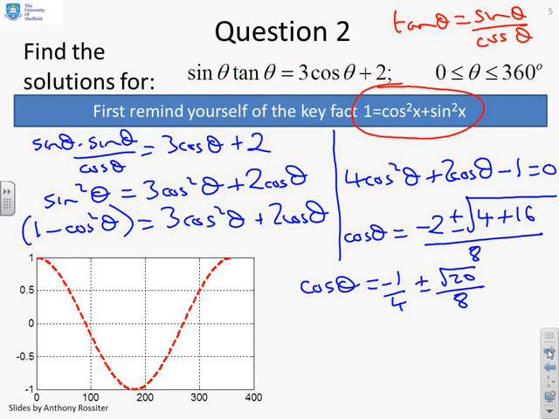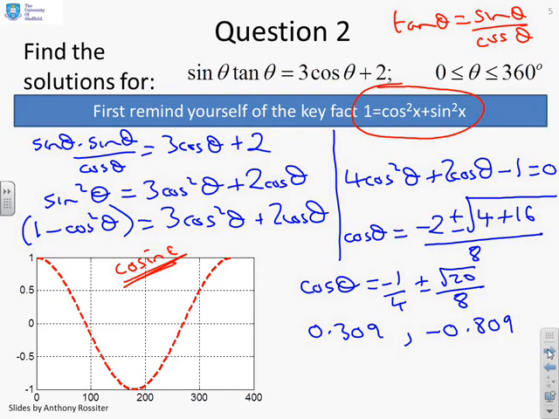Now at this point you're probably going to need to use your calculator, but you'll see that there's two solutions. So my two solutions are going to be 0.309 and minus 0.809. What I've done next is I've plotted my cosine curve, and you'll see I've put that there already and waiting, so that once I've got the values I can actually see where the solutions are.